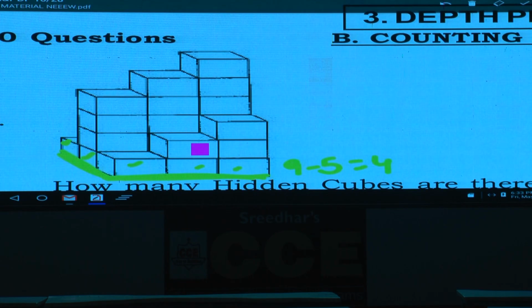Then coming to the second one, in the second row tell me how many are there? Now here 1, 2, 3. Along this one, how many should be there? 3. Out of which there is only one present here, isn't it? As only one is present here, how many were missed out?